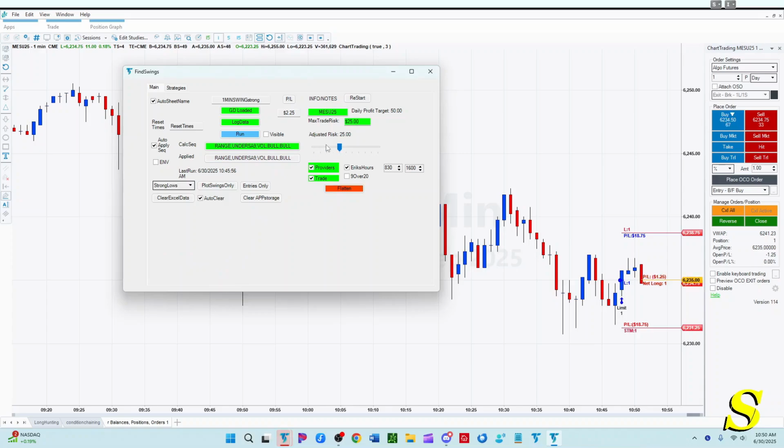Hopefully it does. That way I'll be able to look back and see, all right, well, the last run gave us this information, this sequence, and it was applied, but what did the run before that say? What did the run two times before that say?